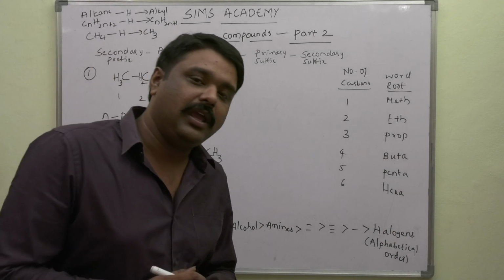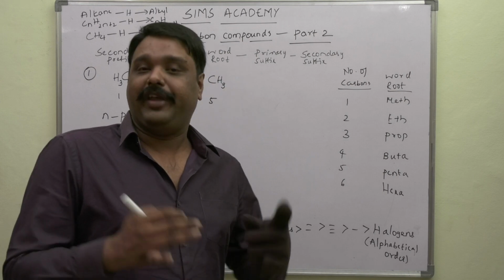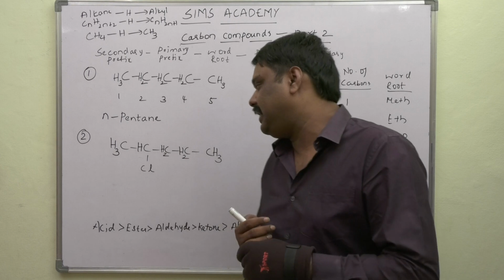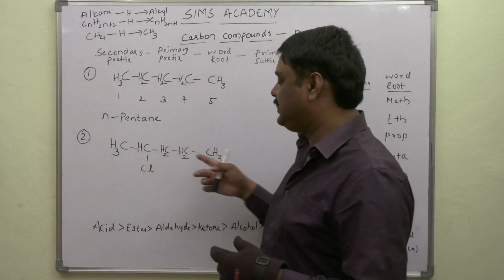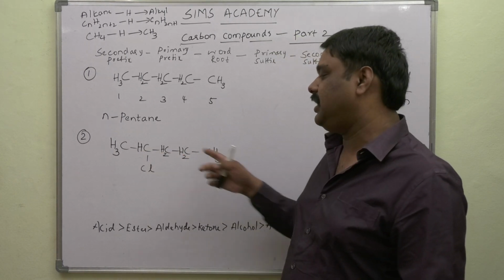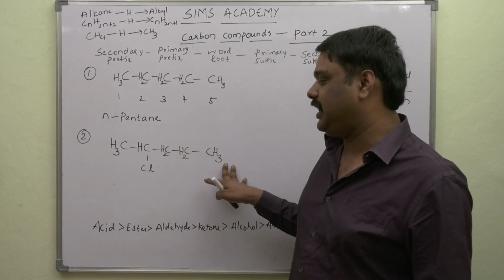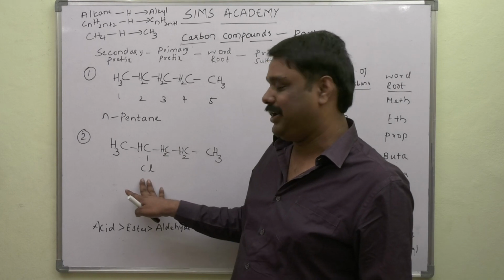When there is a substituent, how should we name the compound? We need to give priority to the substituent. While giving the number, here we should choose the parent chain, that is the longest chain. We have only one chain, so that becomes our parent chain. After that, the substituent chlorine is present.